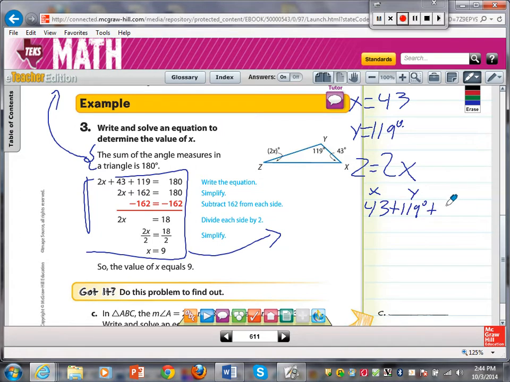You don't know anything, but they tell you that it's 2 times x. And that should equal this X, Y, and Z together. This should equal 180 degrees. Now, this should look familiar to you guys now. What we do here is that we need to add the numbers that we can. This we can simplify. So 119 plus 43 would be 162.